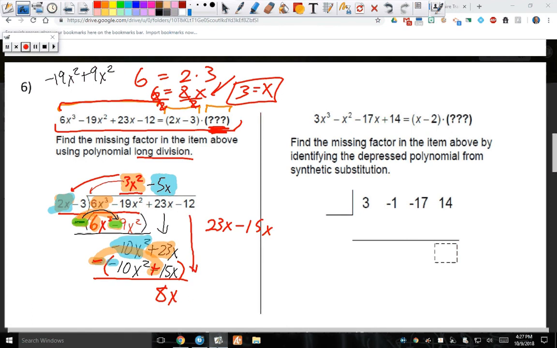And then last but not least, bring down the last term. So, last question. What here will multiply with my 2x to get this new first term of 8x? This will be a positive 4. So we get 8x, and positive 4 distributed with the negative 3 would give us a negative 12. This one does not have a remainder because we're subtracting the parenthetic piece.